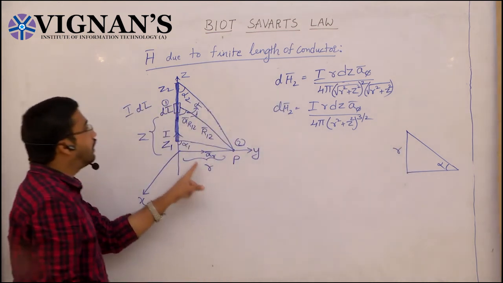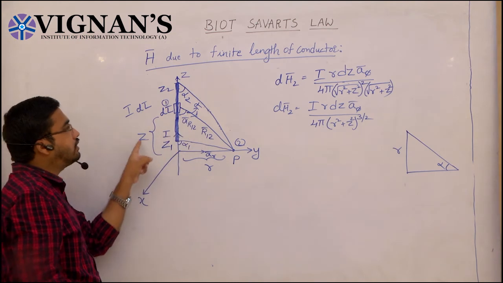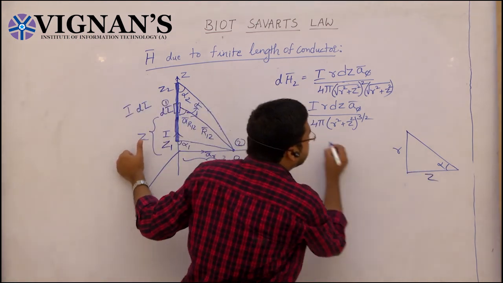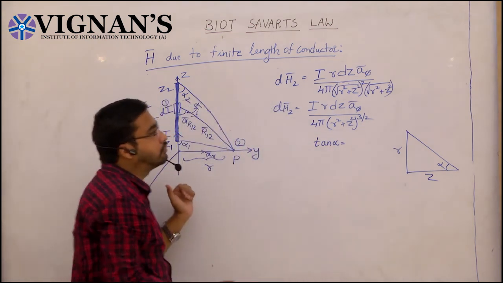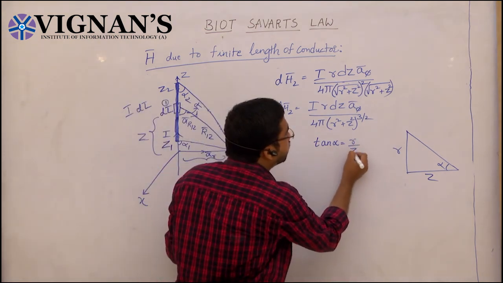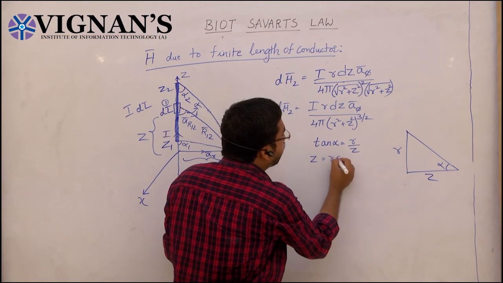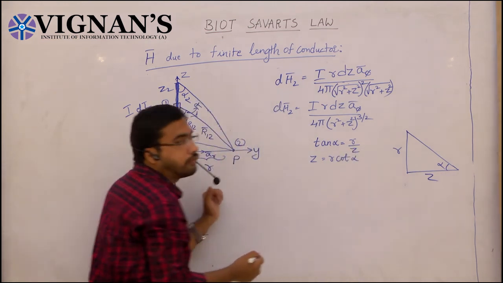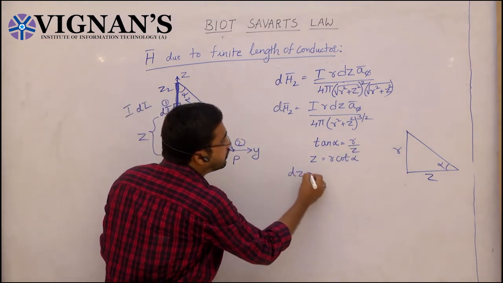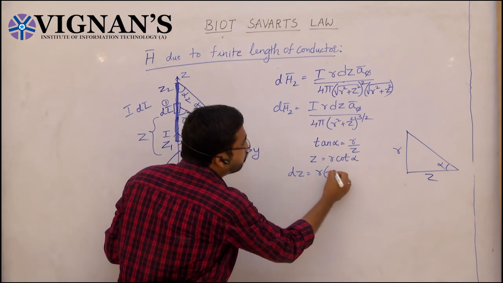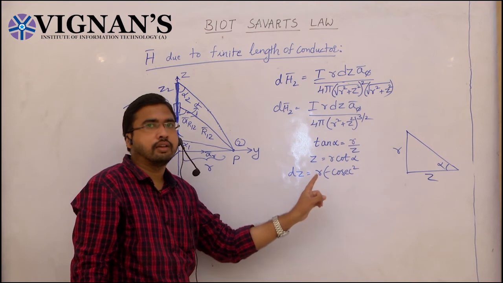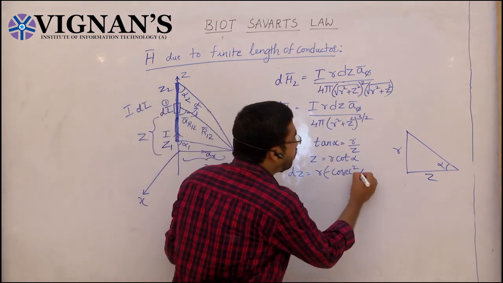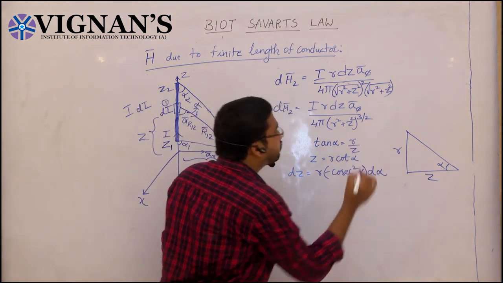That is R, and this distance adjacent to alpha is Z. So from this, what is tan alpha? Tan alpha is equal to R by Z, where Z is equal to R cot alpha. So from this we can write dz is equal to R into minus cosecant square alpha d alpha, because differentiation of cot is minus cosecant square.